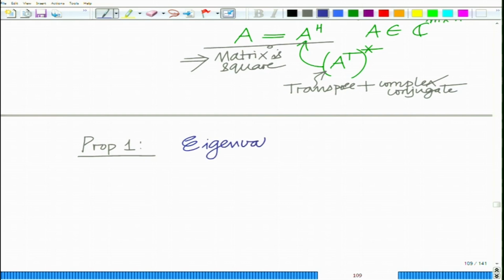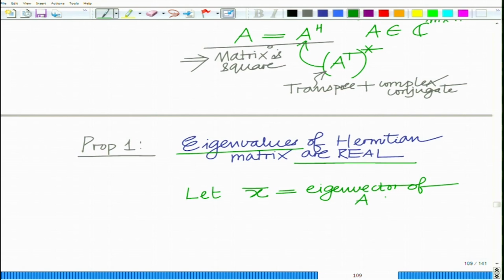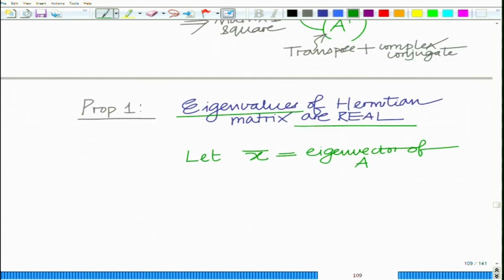The first property is eigenvalues of a Hermitian matrix are real. That is, if you consider the eigenvalues of a Hermitian matrix, these are real. Okay. So, to prove this, let us consider x bar to be the eigenvector of A, and lambda the corresponding eigenvalue.